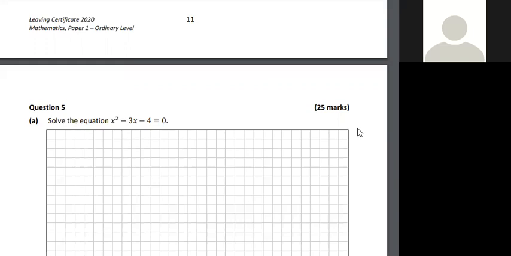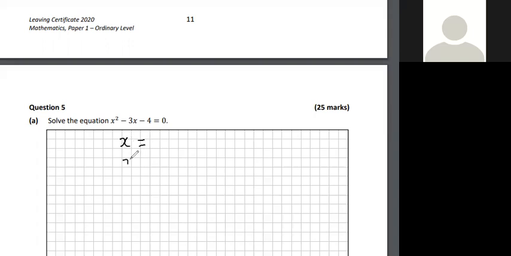First thing is you need to understand what they actually want you to do. When they say solve, if they ask you to solve a quadratic equation, what they want you to do is find the solutions. You can call it the root of the equation. They want you to find the values of what?